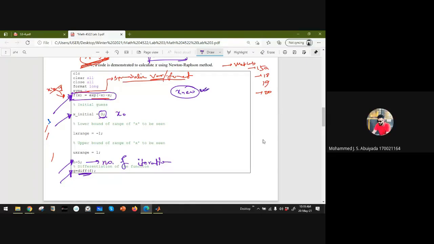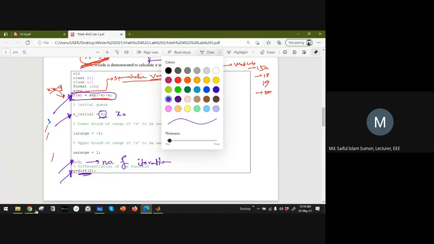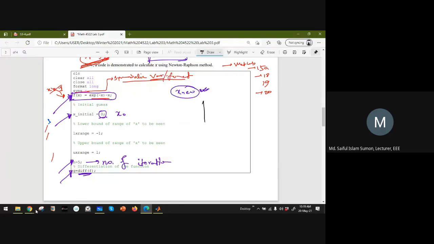So in this code, they are just making one graph, just to make you visualize. Suppose one graph something like this. x range will be from -1 to 1, and y range will be some specific range. Within this there will be one x-axis, one y-axis.